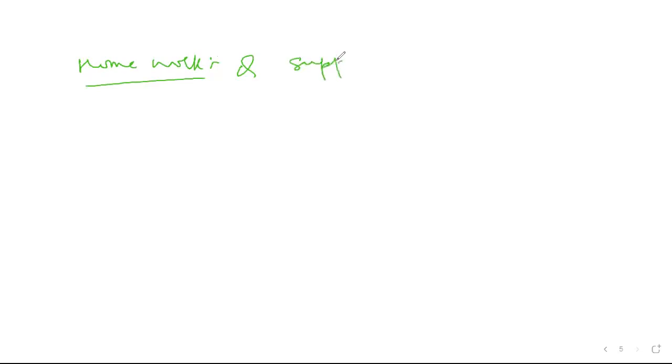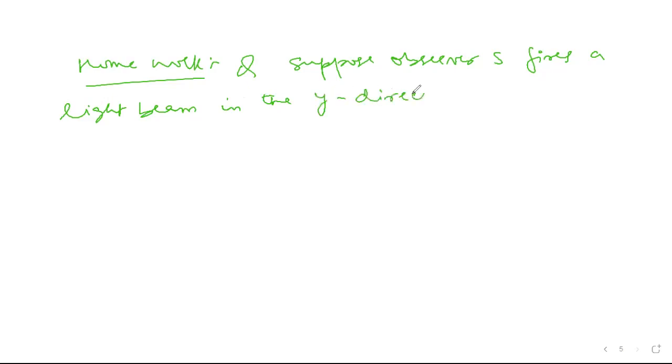Suppose observer S fires a light beam in the y direction.